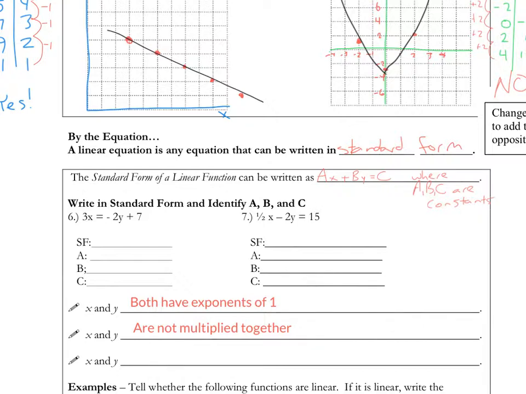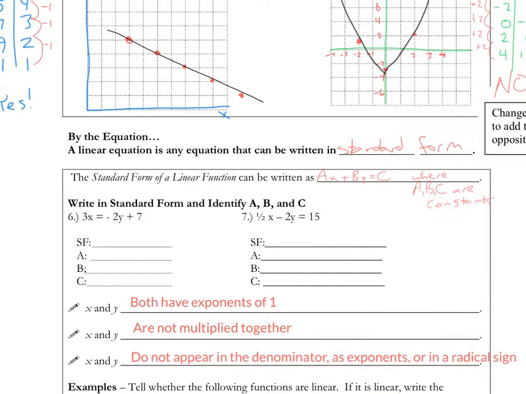And then last of all, x and y do not appear in the denominator, as exponents, or in a radical sign. I'll show you what I mean by that in a second. Now that doesn't just mean really cool.